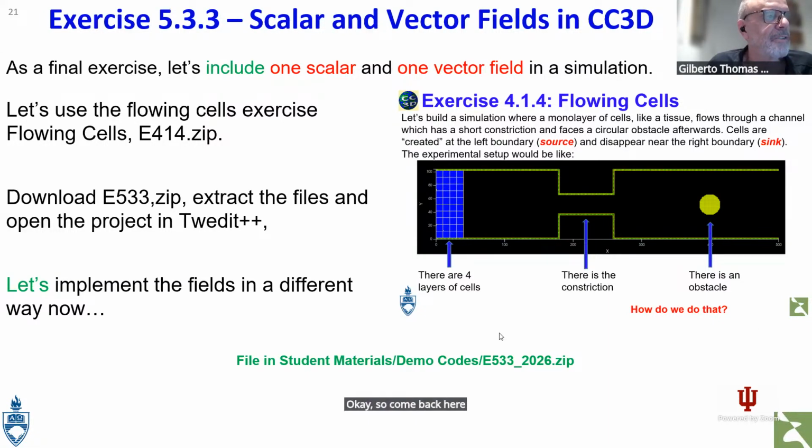What the simulation shows you is a channel in this picture with a constriction and an obstacle, the yellow circle here. So the cells start from the left side and they are being forced to go to the right, cross the constriction and avoid the obstacle.